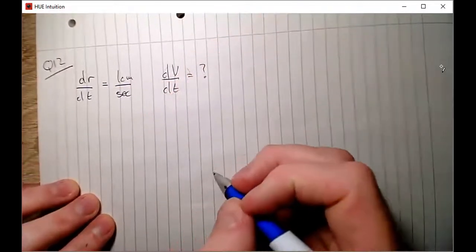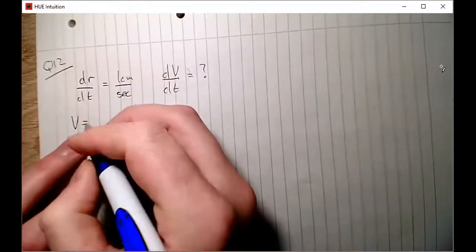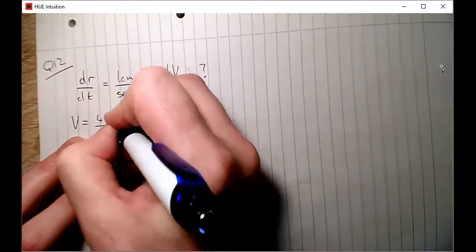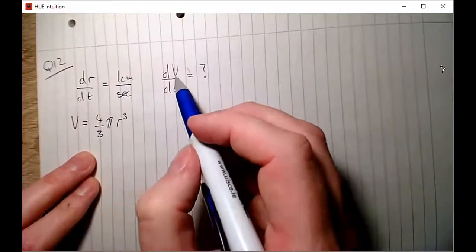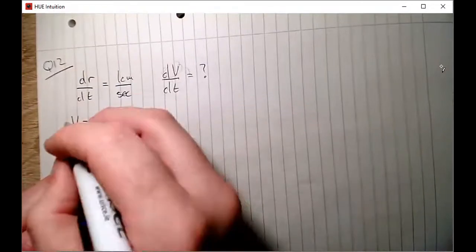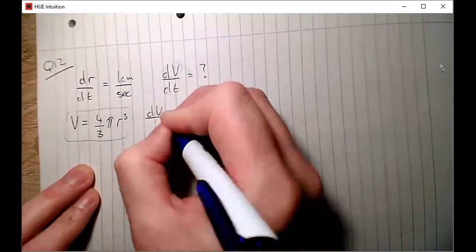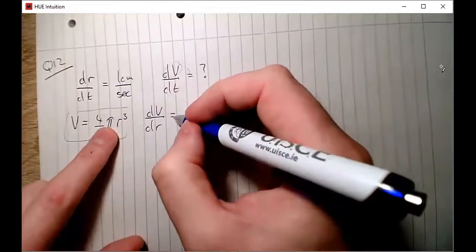Well, we know that it's a spherical balloon, and we know the volume of the sphere is 4/3 pi r cubed. So actually, the third rate we want is one that relates volume to radius, dV/dr. So we can find that by differentiating here. dV/dr is going to be 4/3 pi.